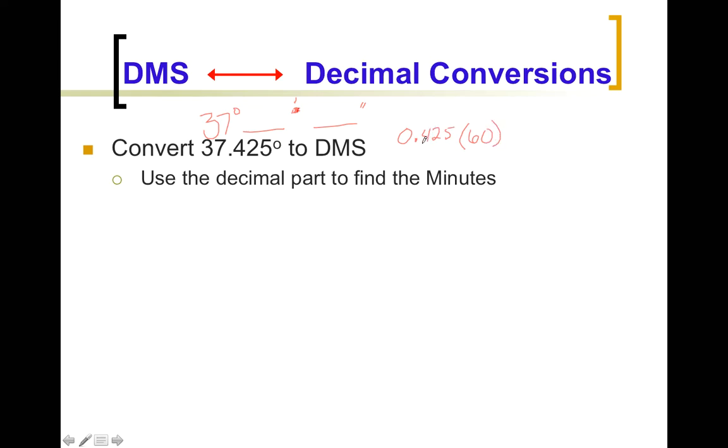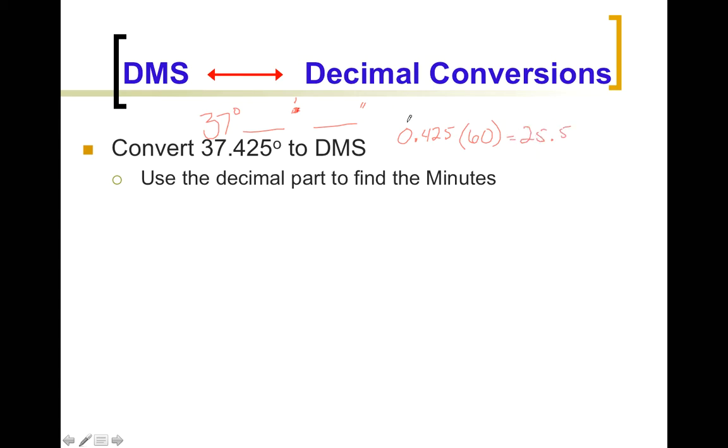Because this is 0.425 of a single degree, but that's going to be 0.425 of 60 minutes. And if we were to multiply that by 60, we would get a new number that would represent our minutes. And if I did that here, 0.425 times 60, I get 25.5.